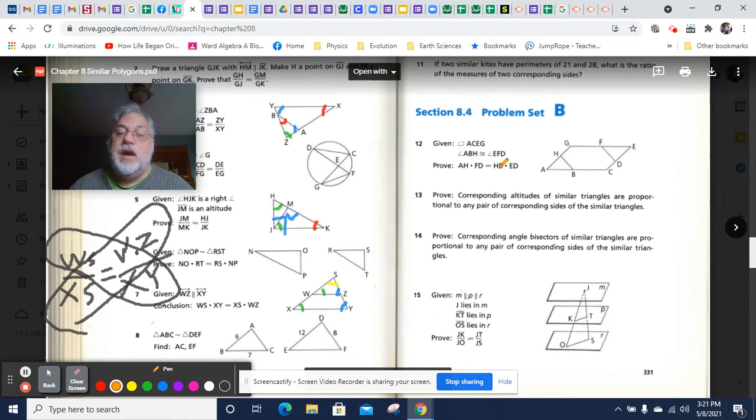So we know that ABH and EFD are congruent. So let's label that. I'll use orange. ABH and EFD are congruent, and it's a parallelogram. We're asked about AH times FD, and HB times E. Oh, okay, that's interesting.